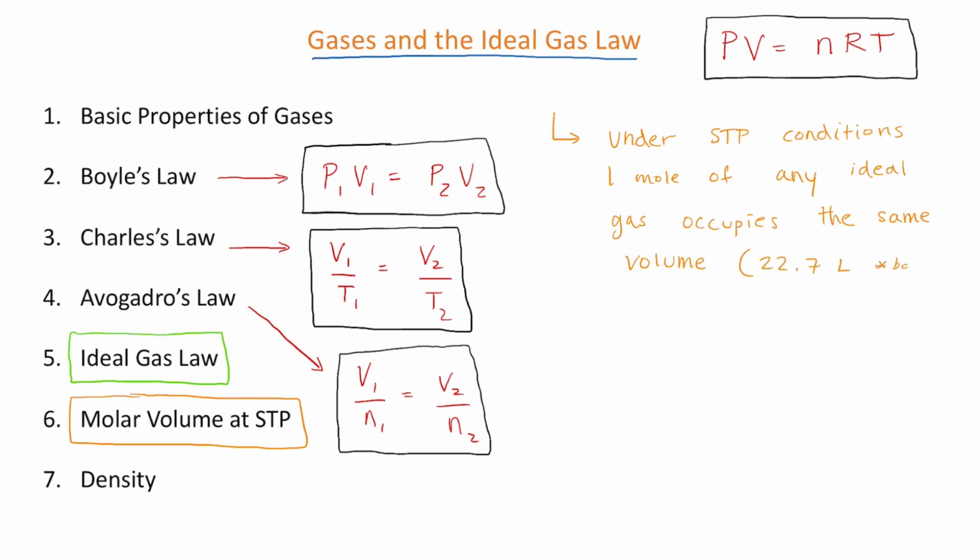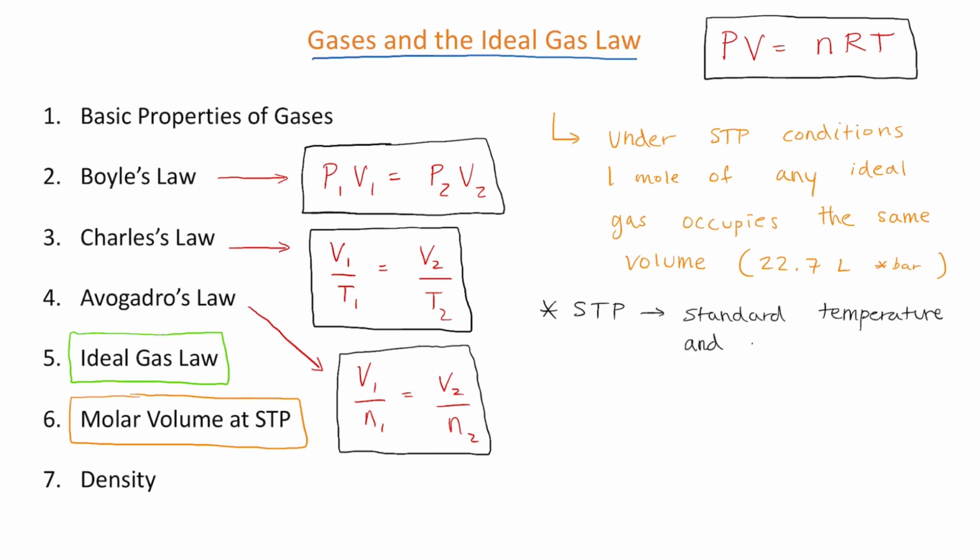Now I've seen examples where the molar volume at STP is 22.4 liters. If this is the number you were taught, that means your STP conditions use pressure in atmospheres. I was taught that STP conditions have pressure in bar, so that's what we're going to be using, and that means the molar volume at STP is 22.7 liters.